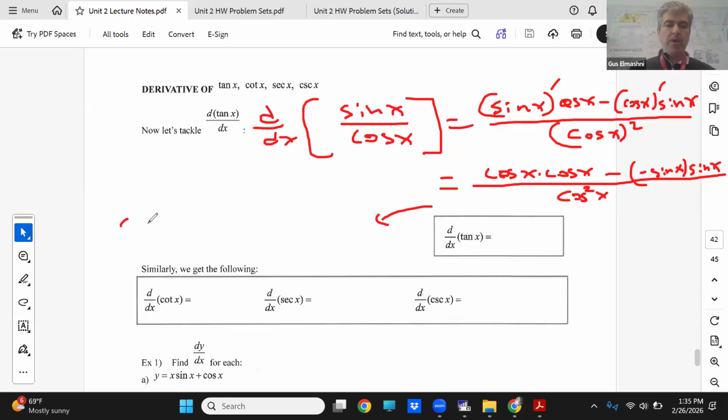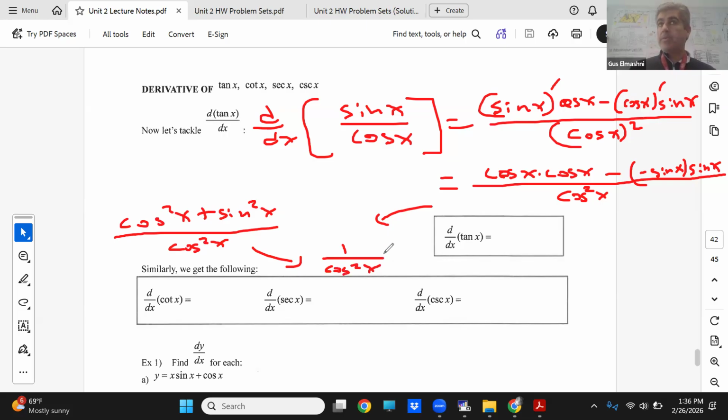So you wind up getting 1 over cosine squared x, and that's the same thing as secant, right? So it's secant squared x.